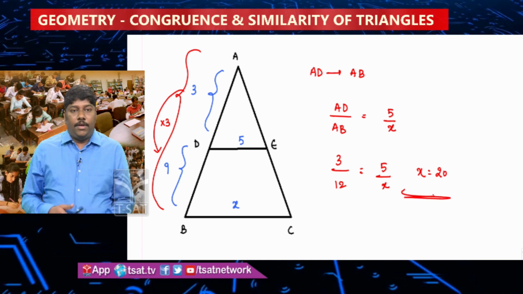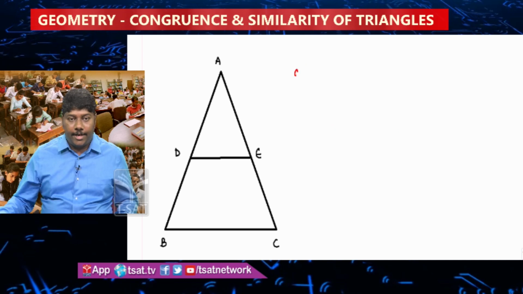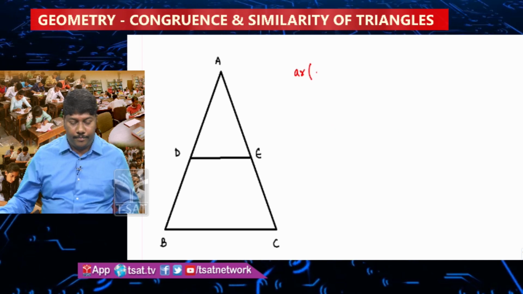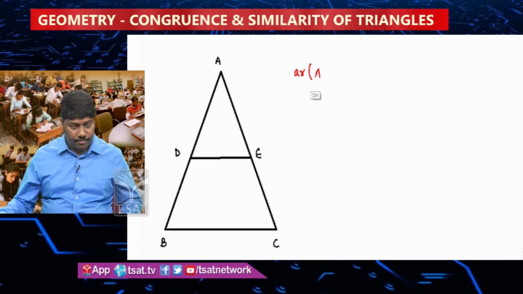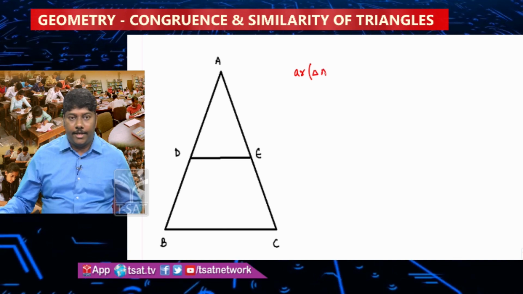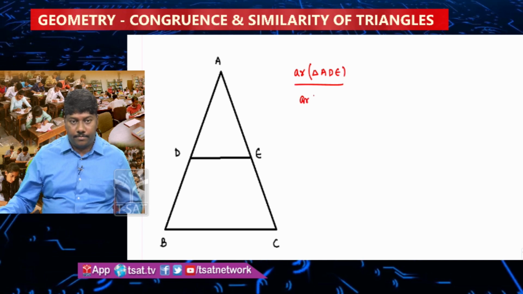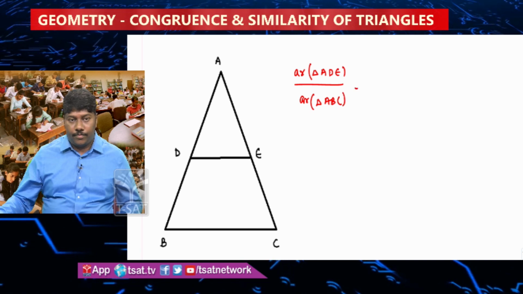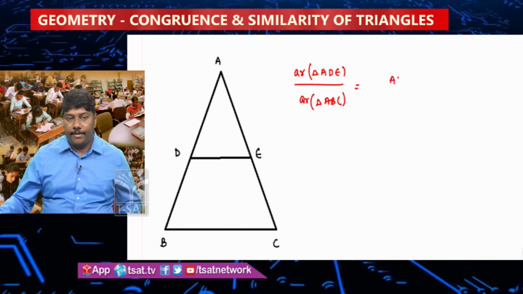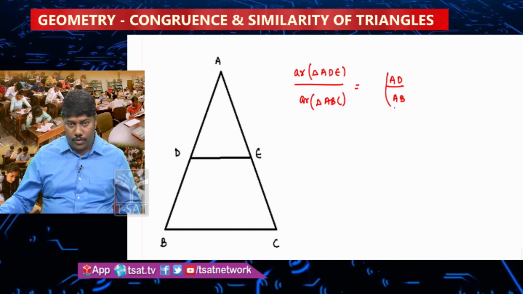20. And their areas are also very, very important. Area of triangle ADE by area of triangle ABC is equal to, take any side, AD by AB whole square.